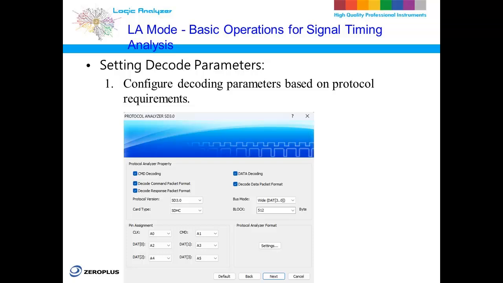Then, configure the channels. Typically, clock is assigned to A0, command to A1, and data to A2, and so on. By correctly setting the decoding parameters, you'll be able to fully leverage the B2's decoding capabilities, perform accurate signal timing analysis for various protocols, and obtain valuable test results.